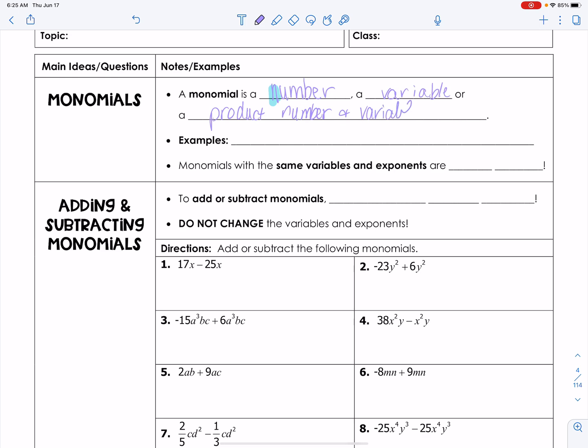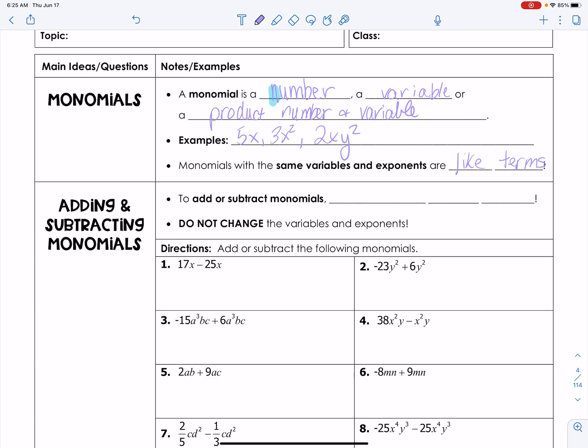Some examples of a monomial are things like 5x, 3x squared, 2xy squared. Those are all monomials. Monomials with the same variable and the same exponents are called like terms. So you're going to combine like terms.